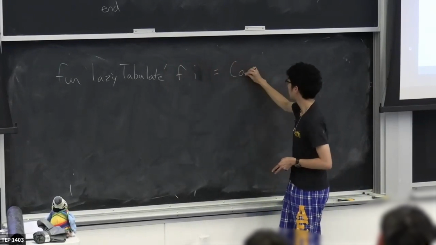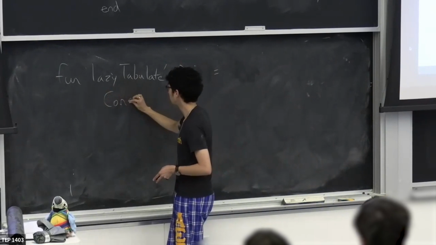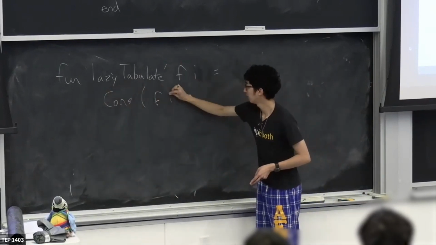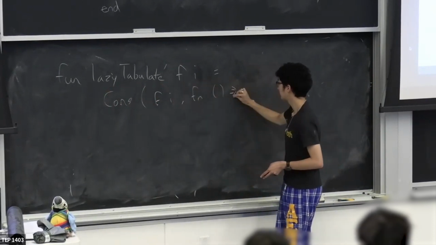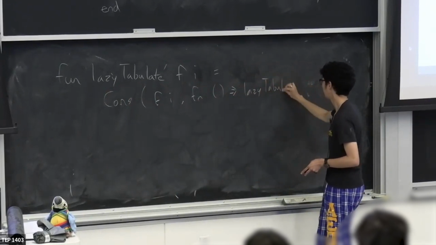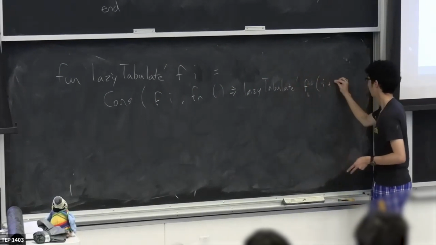And then what do I say? I say cons. Actually, let me do it in this line. I'm going to have cons where I take the thing I'm currently at, which is f of i, and then I return a suspension of lazy tabulate prime, my helper again, where I give it f and I give it i plus 1.